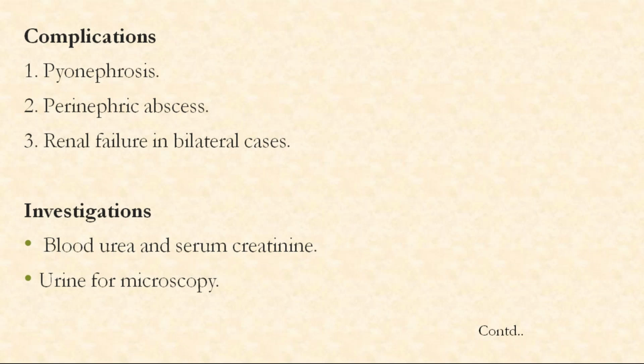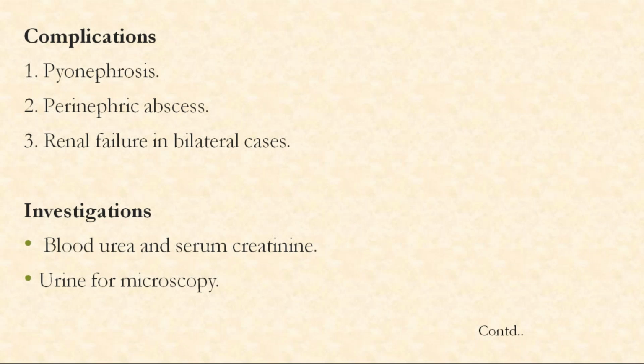Next, perinephric abscess. If the stretching of the capsule goes on, what is going to happen? It ruptures through the cortical region and reaches the perinephric region, so in and around the kidney, and ultimately renal failure. These are the complications of hydronephrosis.